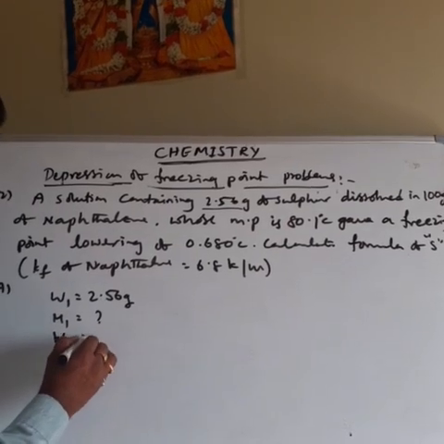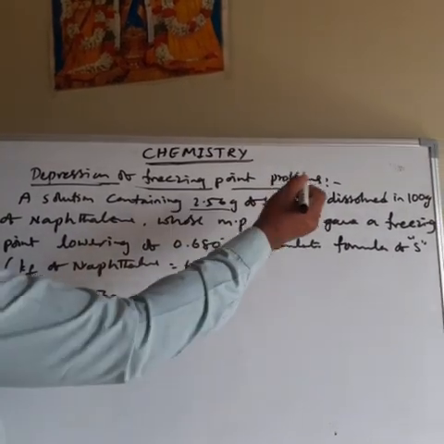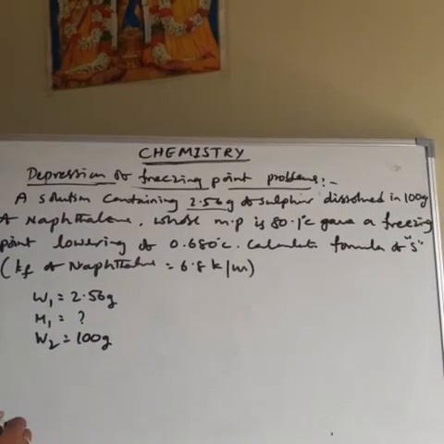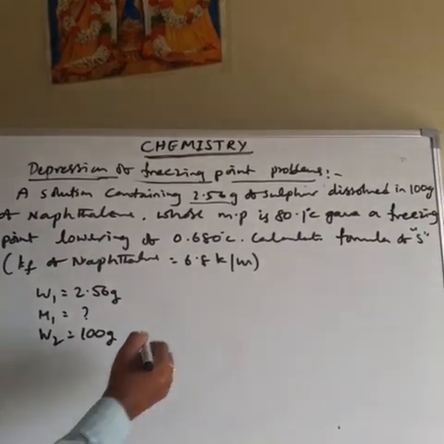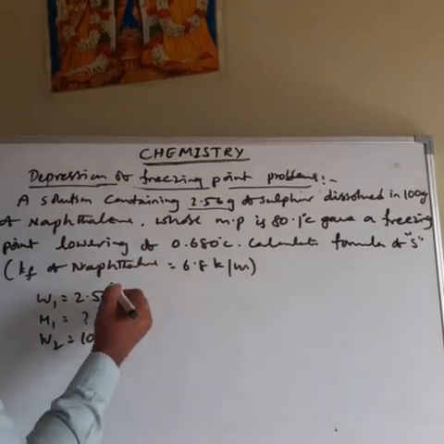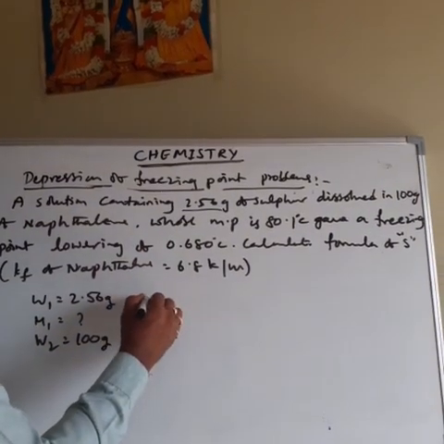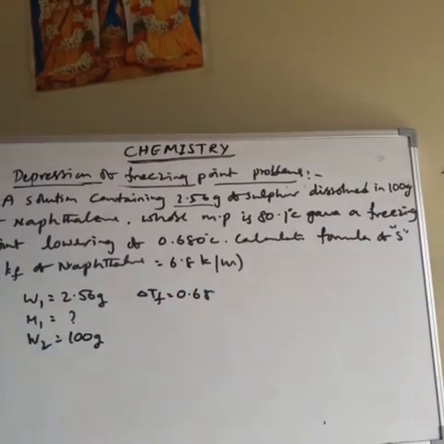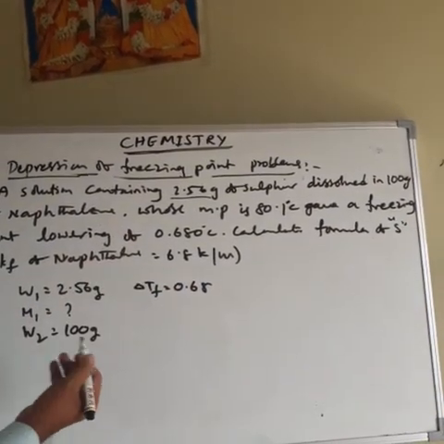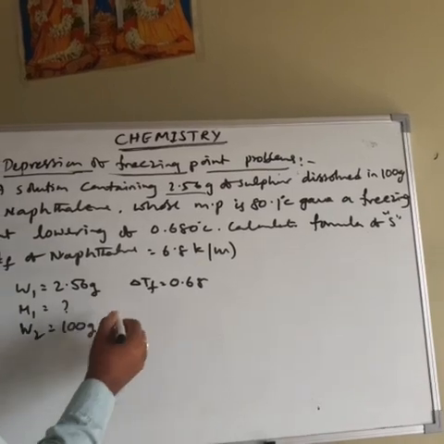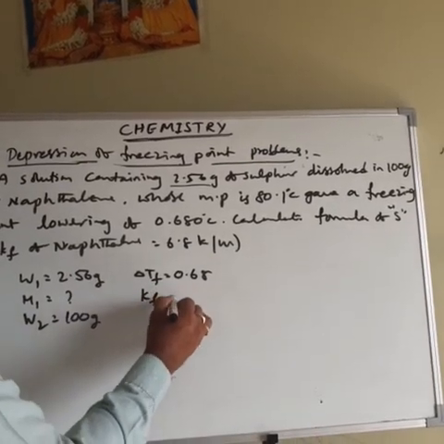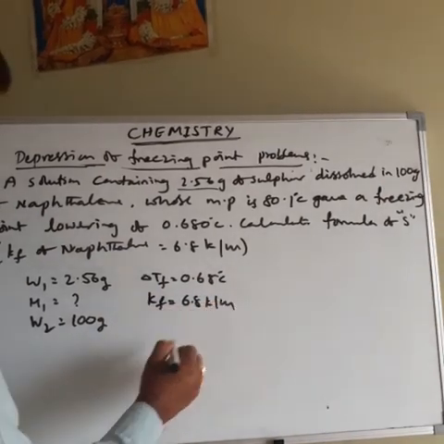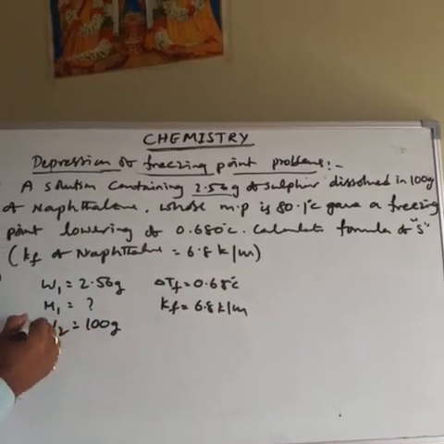Next, weight of solvent: it is dissolved in 100 grams of naphthalene. Solvent is 100 grams. Then next, freezing point lowering, meaning depression of freezing point, delta TF value is 0.680. Then next is KF value, 6.8. From these values you have to calculate the M1 value.